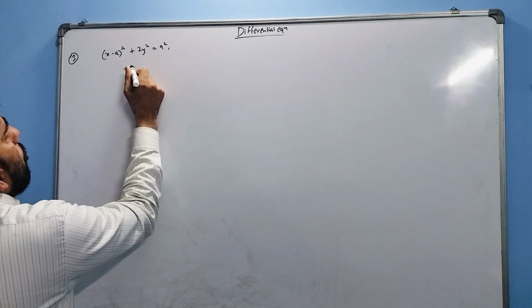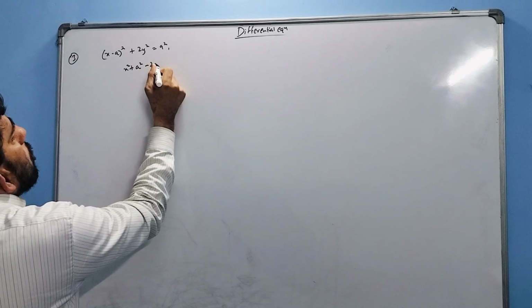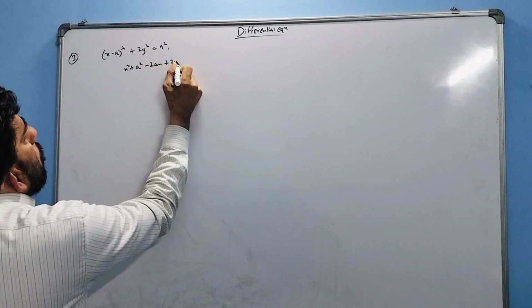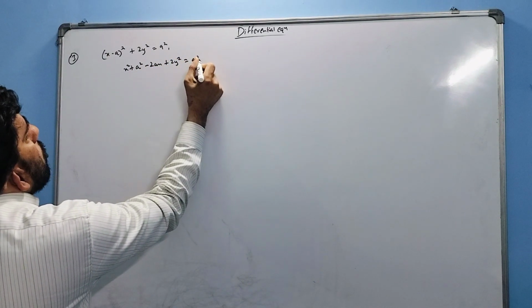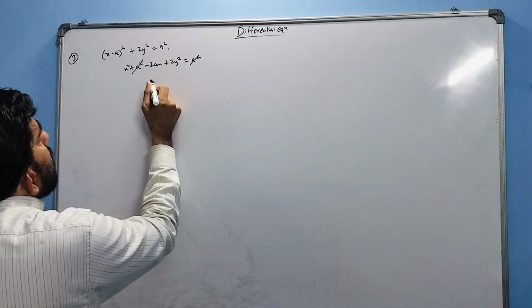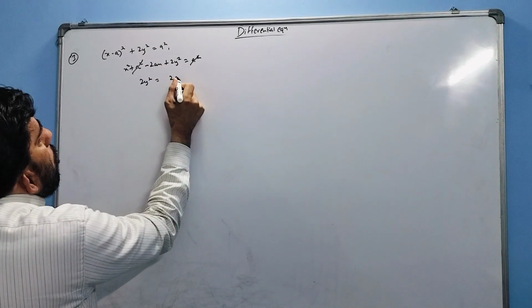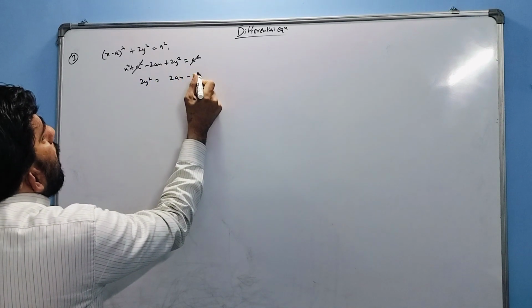We know the formula (a minus b) whole square is a square plus b square minus 2ab. So x square plus a square minus 2ax plus 2y square is equal to a square. Now we can say 2y square is equal to 2ax minus x square.